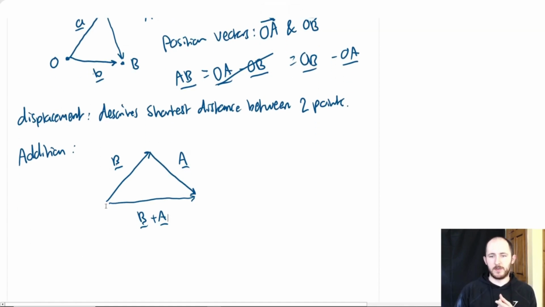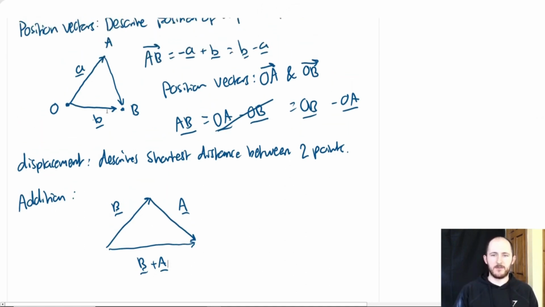With addition, you put the tails and tips touching each other, okay? So with subtraction, I could have easily written that where the tips are touching each other for A and B, and I'd get the exact same answer, so it doesn't actually matter. And then of course when you add and subtract vectors, you just add and subtract their components, right? So you add and subtract the i components, the j components, and the k components.